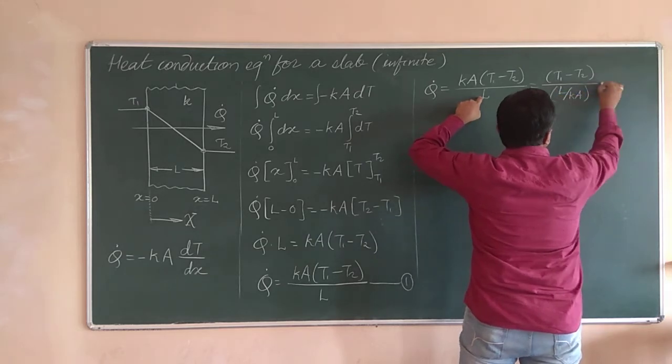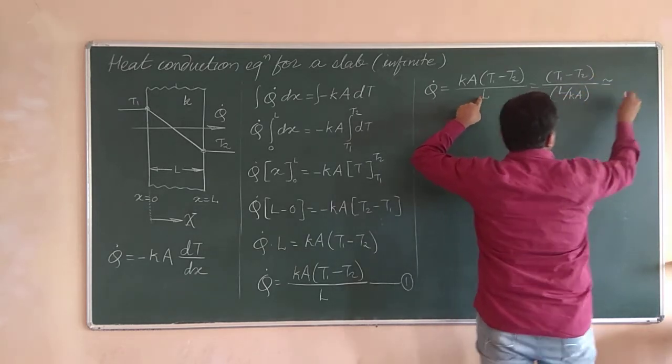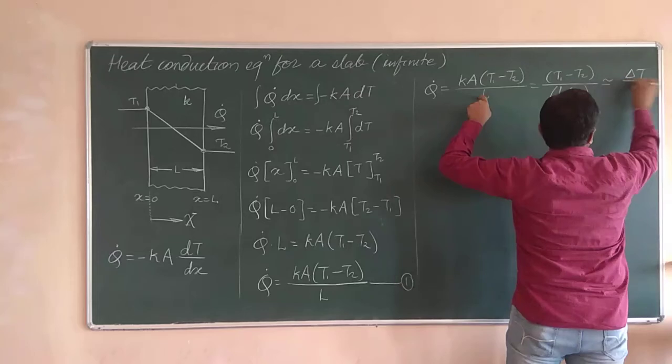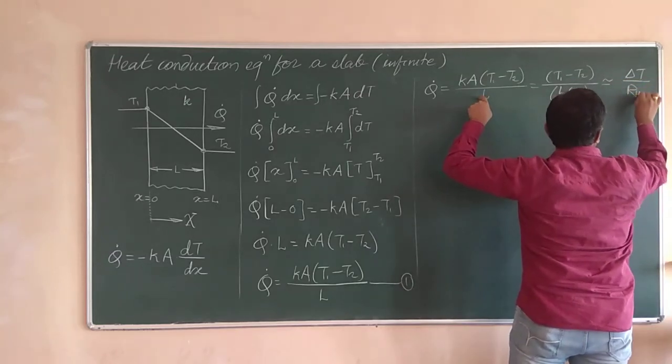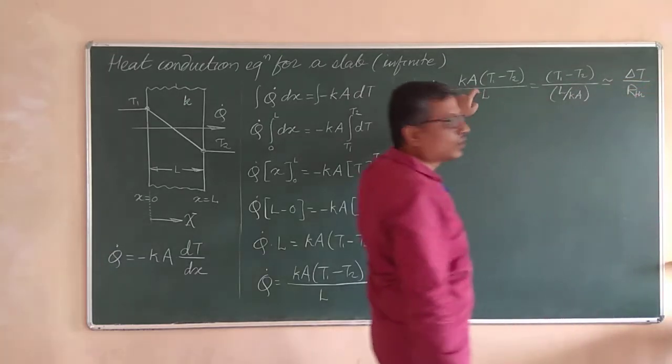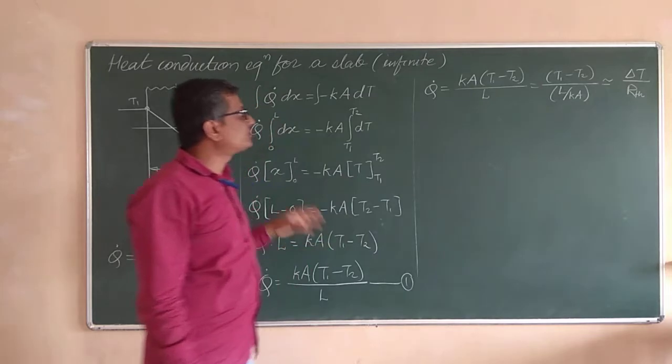And if it is so, then I would like to equate this term with delta T divided by R thermal. Hope you know what R thermal is. R thermal is the thermal resistance of that slab.